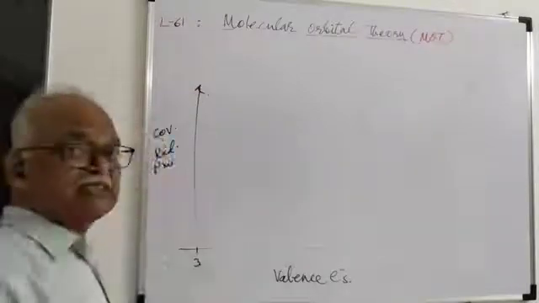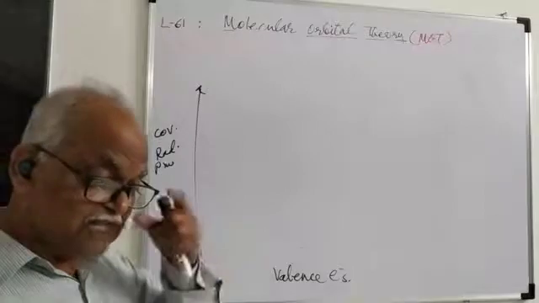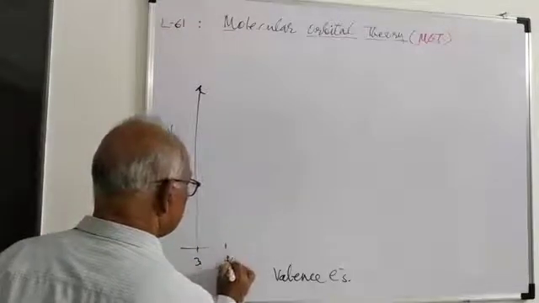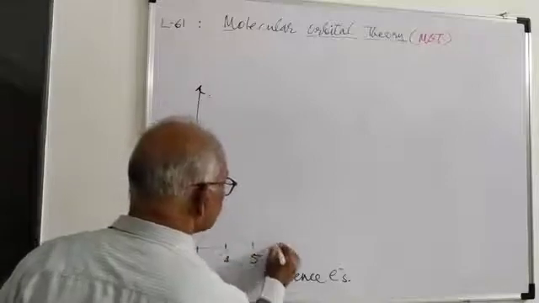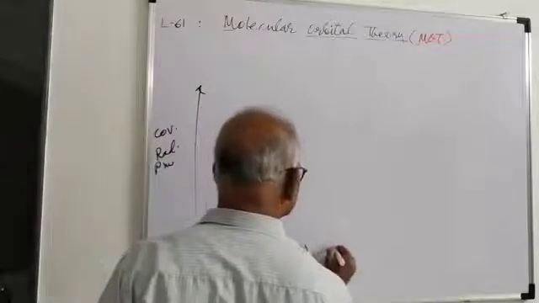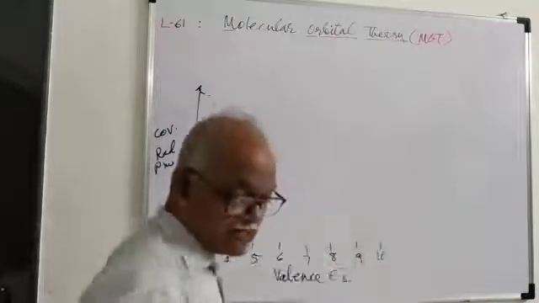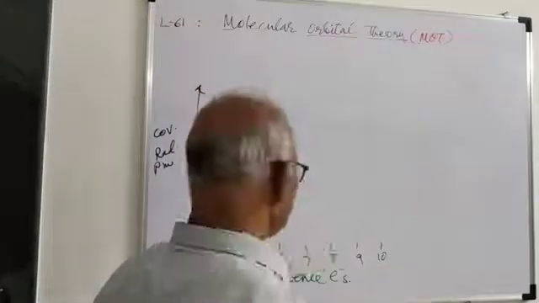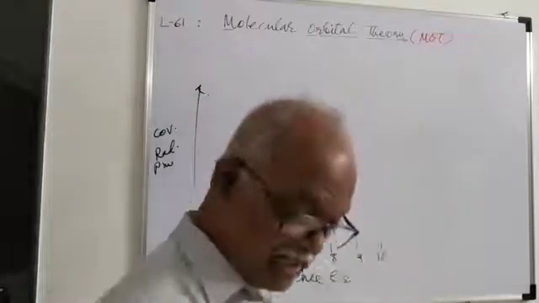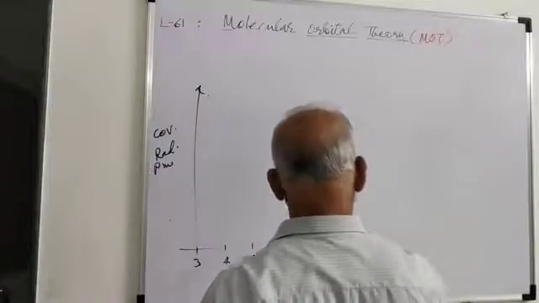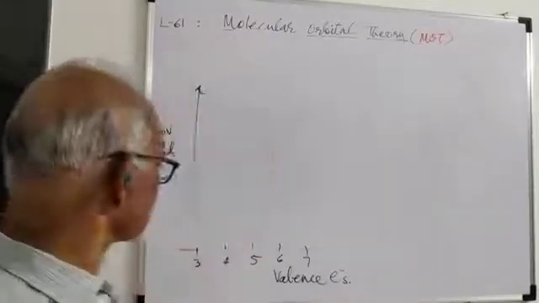So in case of atoms, if we take the atom boron, it has 3 valence electrons. Then next we have 4, 5, 6, 7, 8, 9, 10, etc. So here we require only up to 7. We don't need any more electrons.